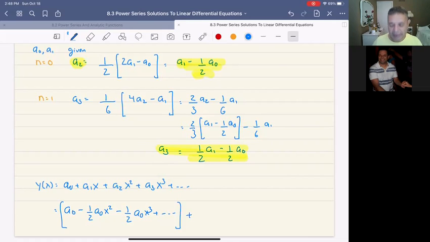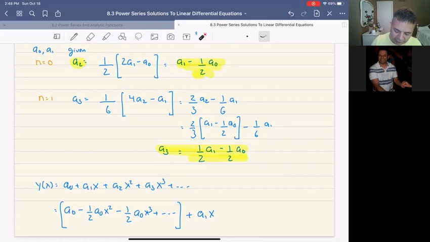Plus, now, a1 x, right? A2 has an a1 as well, right? A2, after we put it together, well, it just has a1. Sorry, a3.